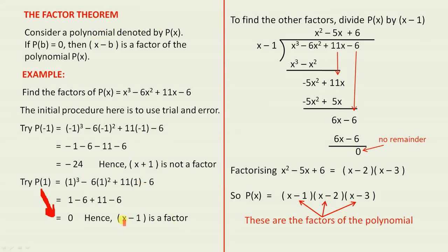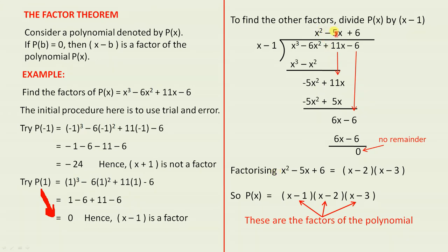So once we have found this factor here, then we can go through our division process. So to find the other factors, divide p(x) by x minus 1. So x minus 1 divided into the initial polynomial. If we go through our procedure very carefully, look at this, no remainder, and there's the answer.